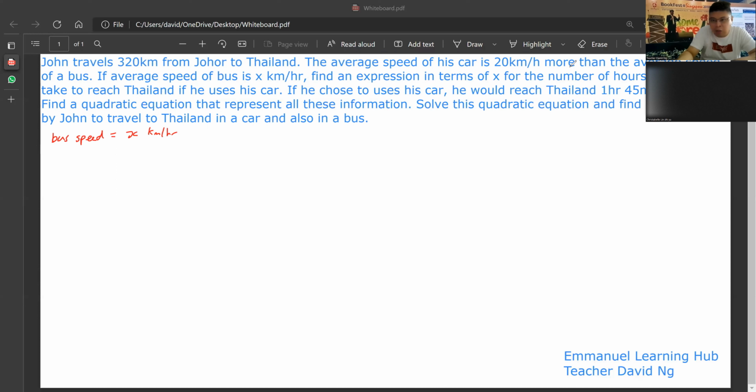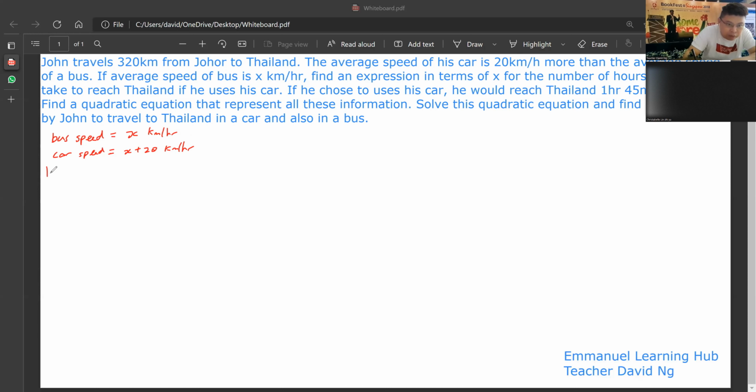Average speed of car is 20 km per hour more than the speed of bus. Then they give you bus is x, right? So you have the average speed of car in terms of x. Find an expression in terms of x for the number of hours John takes to reach Thailand.